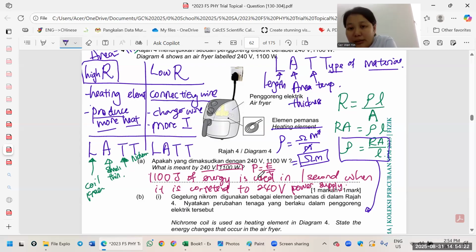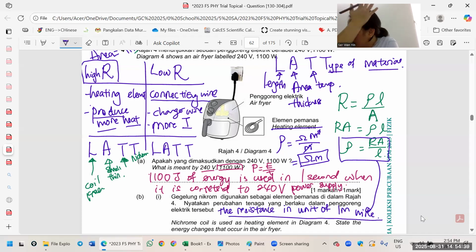So we say resistivity means the resistance in unit of 1 meter wire, or 1 meter conductor.